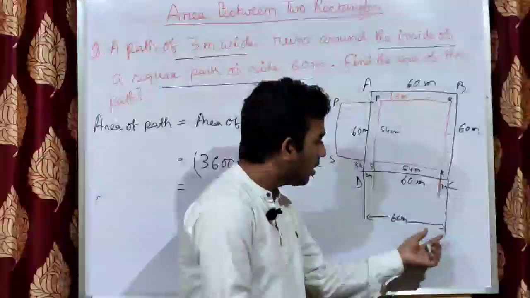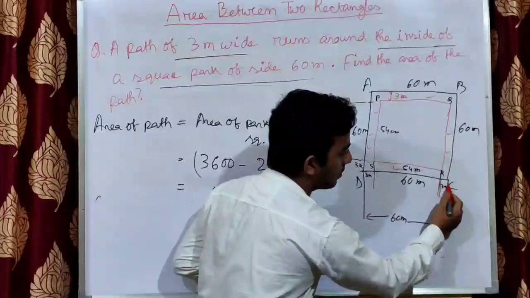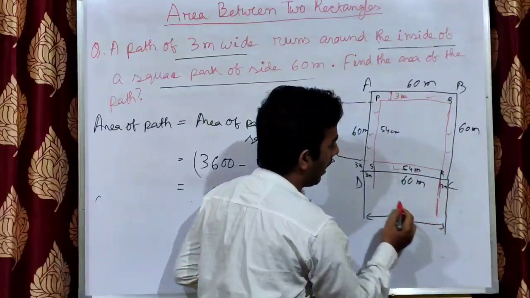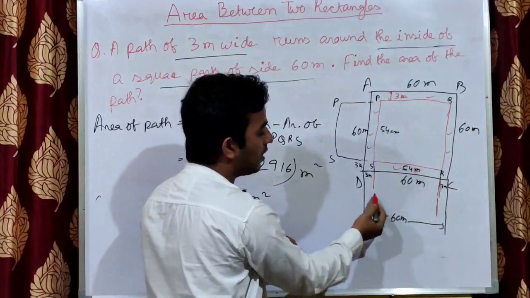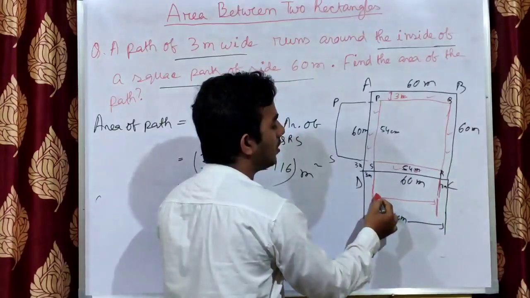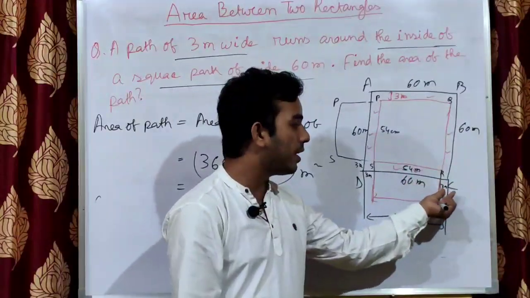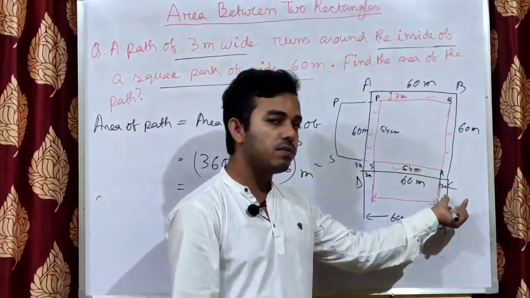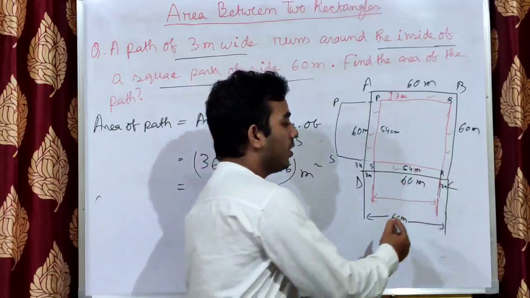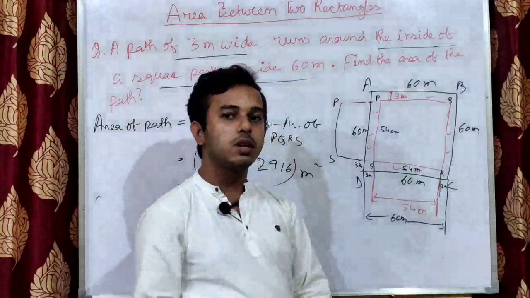If we subtract 3 from this side, this line will come here, right? And if we subtract 3 from this side also, it will also come here. That is, we can find the length of SR, which will be 60 minus 3, this is 57, then 57 again minus 3, it will be how much? 54. So, the length of SR will be 54 meter. Clear?